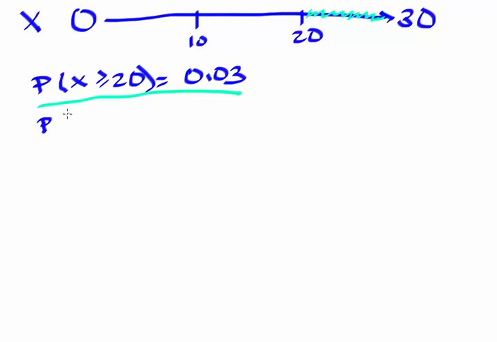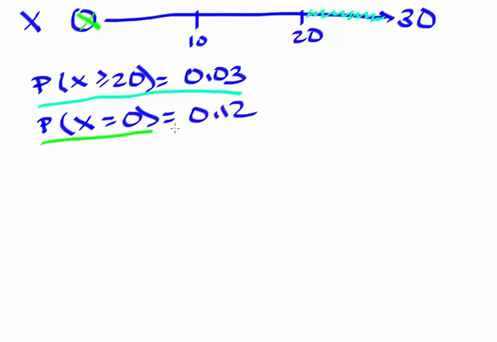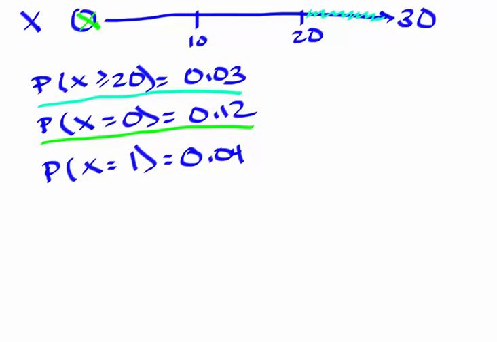We also know that x equal to 0 has probability 0.12, which is represented here. And we know that x equal to 1 has probability 0.04, which is represented here.